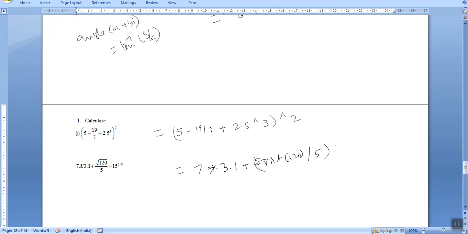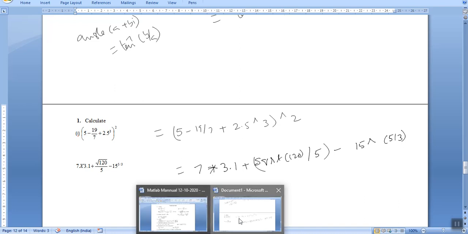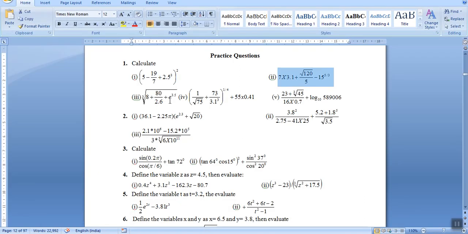You may write in brackets, then no problem. 15 power 5 by 3. Use proper brackets, then you will get the solution. In the similar way, find out this value and this value. Just take a screenshot of this one, then solve all these problems.